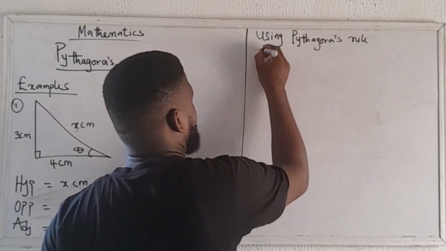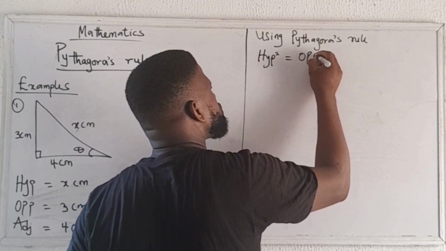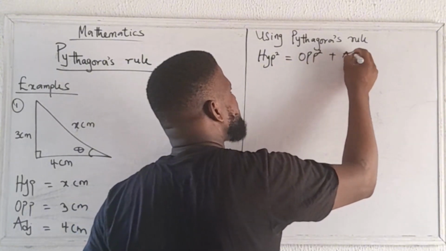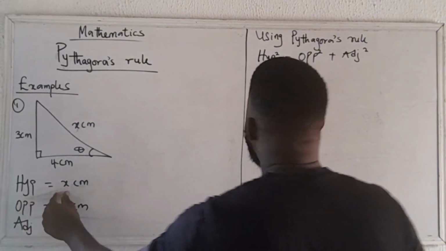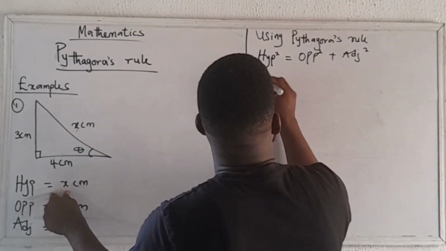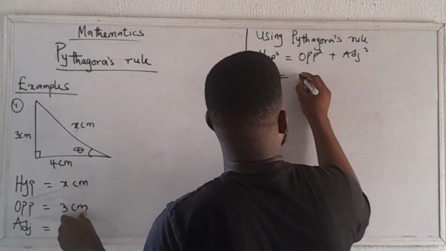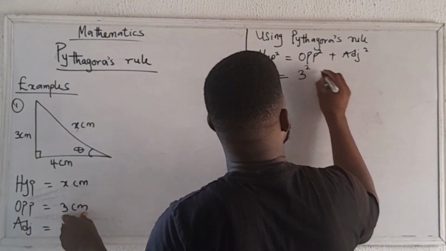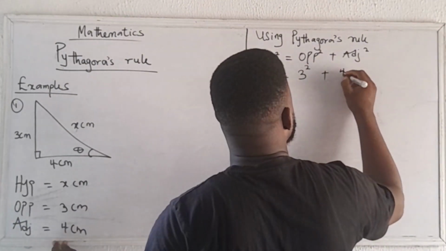hypotenuse square is equal to opposite square plus adjacent square. You already know that our hypotenuse is x, so the square of x is x square, which is equal to the square of 3, which is 3 square, plus the square of 4, which is 4 square.